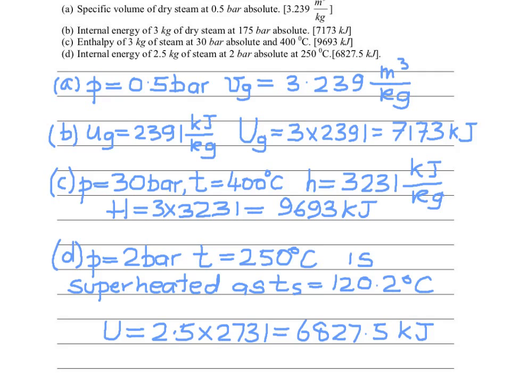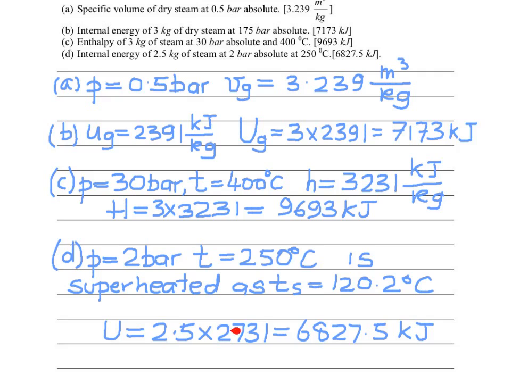So what we've done is we've completed part D. Given the conditions, 2 bar and 250 degrees centigrade, we've determined first that indeed the steam is superheated as the saturation temperature is 120.2, but our steam is at 250, clearly must be superheated.